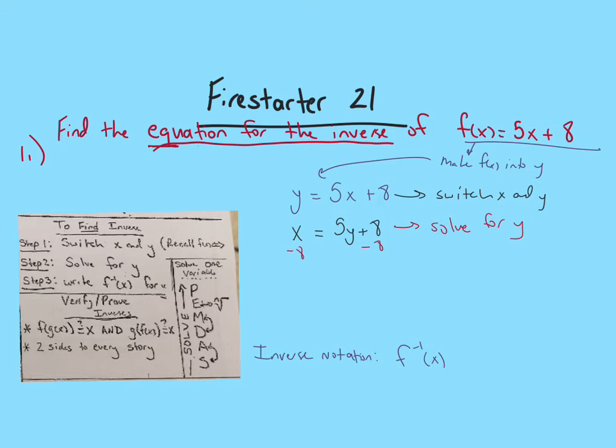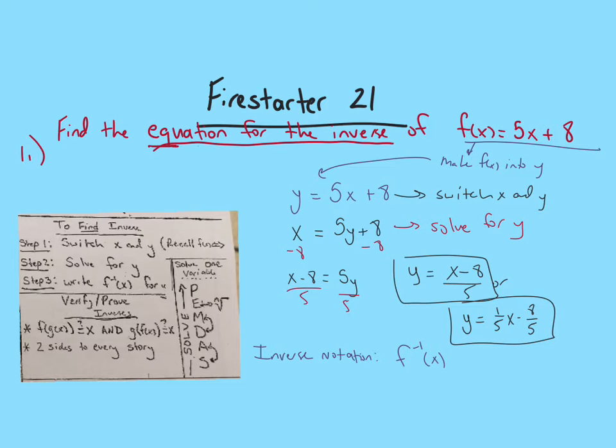So I get x minus 8 equals 5y. Now I have to divide both sides by 5. So I get y equals x minus 8 over 5, or sometimes you'll see it written like this. Either one of those is okay.